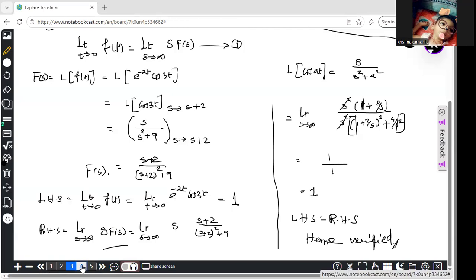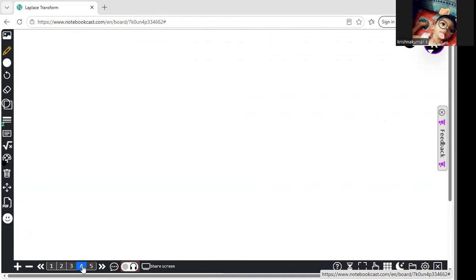So next one is the final value theorem. First write down the statement.